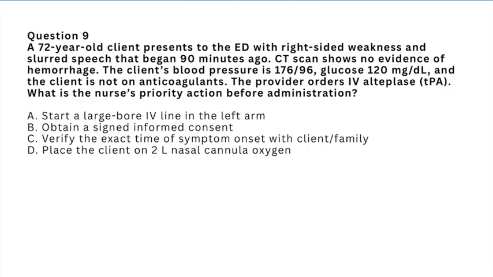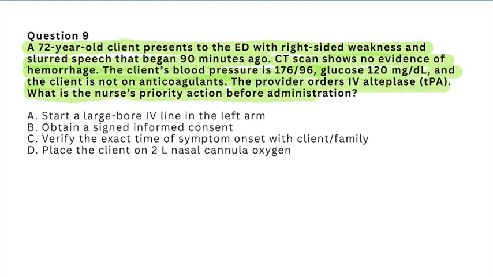Okay, so our next question. A 72-year-old client presents to the emergency department with right-sided weakness and slurred speech that began 90 minutes ago. CT scan shows no evidence of hemorrhage. The client's blood pressure is 176 over 96, a glucose of 120, and the client is not on an anticoagulant. The provider orders IV alteplase, which is a TPA.